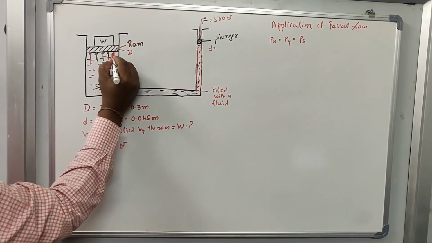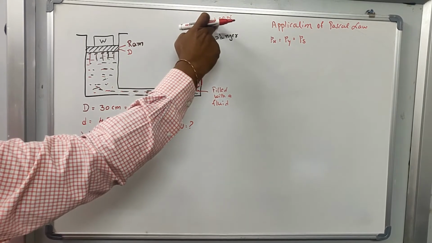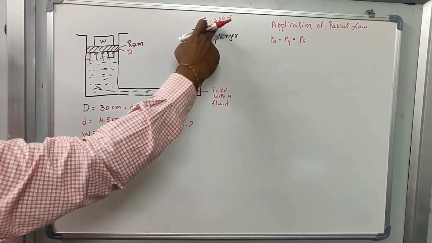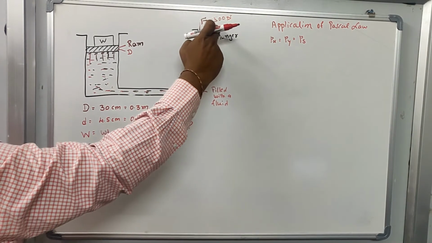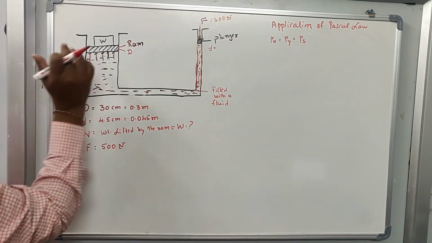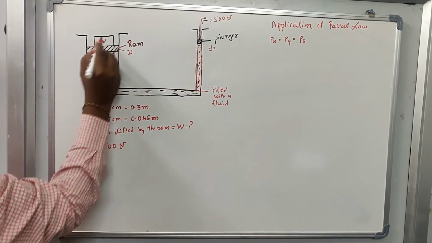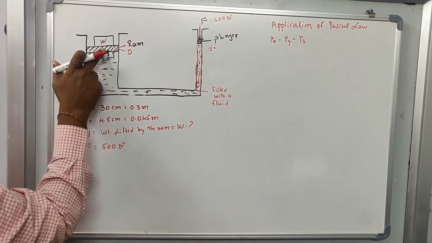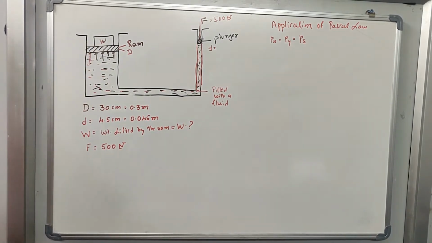So the question is, if I am applying 500 Newton force at the plunger, how much load W is lifted by the ram?